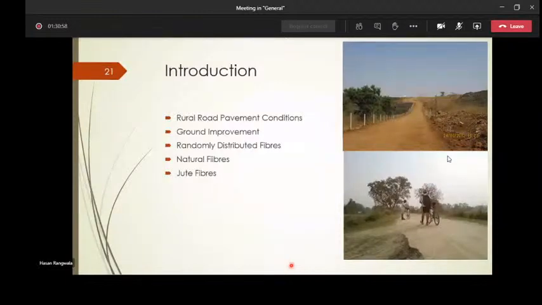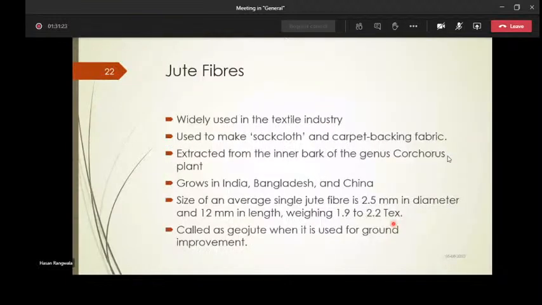If you see here in the bottom image, you have some non-stabilized pavement. If we had some reinforcement, this unstabilized condition would not have occurred.